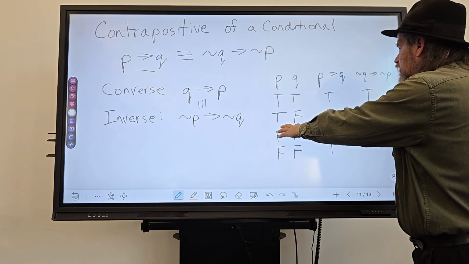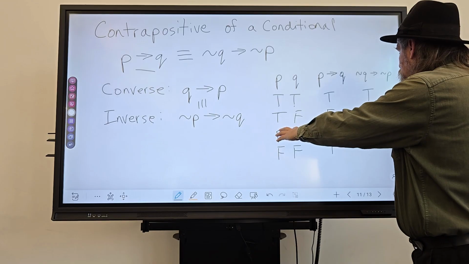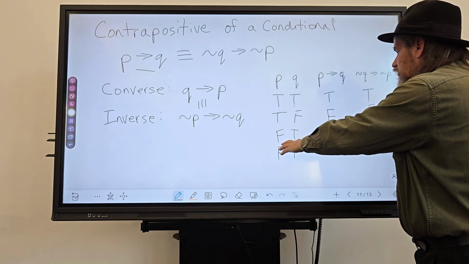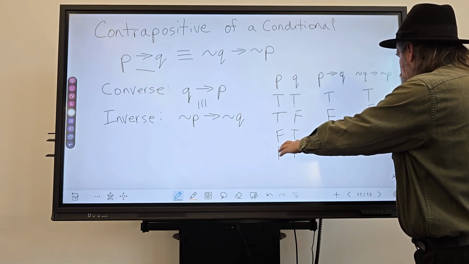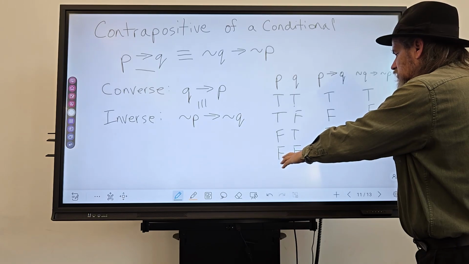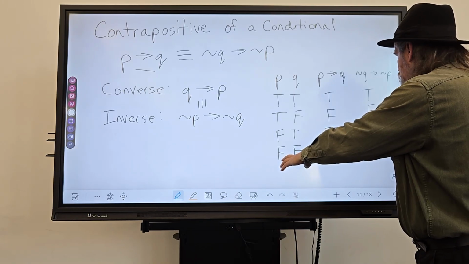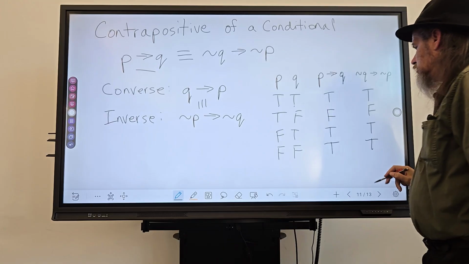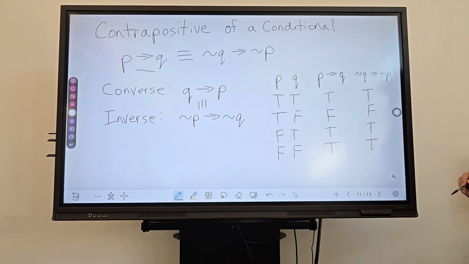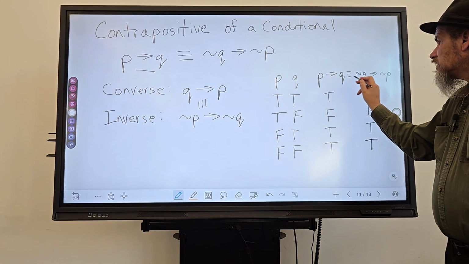True implies false, which is false. False implies true, which is true. And true implies true is true. So they are equivalent there. So these are equivalent.